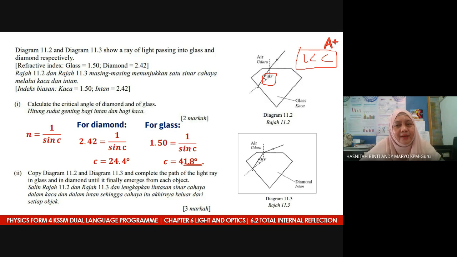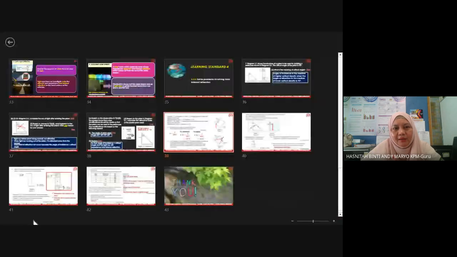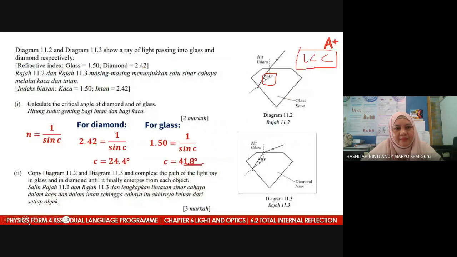So what happens? Refraction will occur. Refract to where? Towards or away from the normal? From glass to air, so from this point, it refracts away from the normal. Okay, away from the normal, so it will be refracted downwards. Okay, here. So this is our angle of refraction.